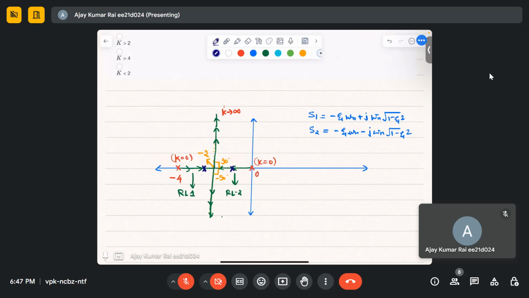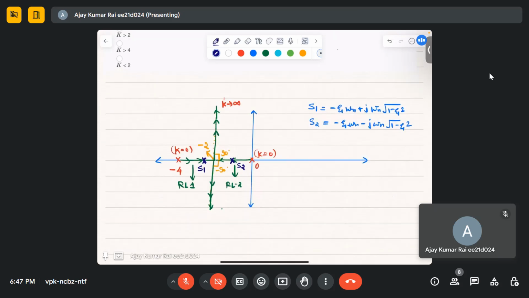This is S1 and this is S2. So what can you say? Roots are real or complex? Real, sir. Correct, so roots are real. So what can we say? The system will be overdamped, right? That we have studied.